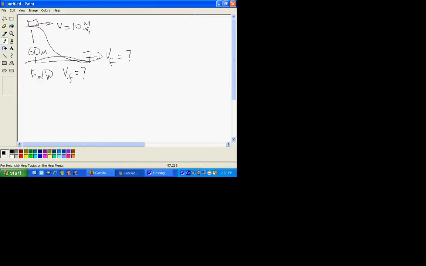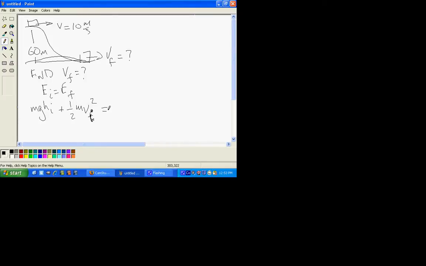Okay? So how do we do this? Well, this is an initial energy equals final energy type of problem. The initial energy is going to be mgh initial plus the initial kinetic energy, which is 1/2 m v initial squared.